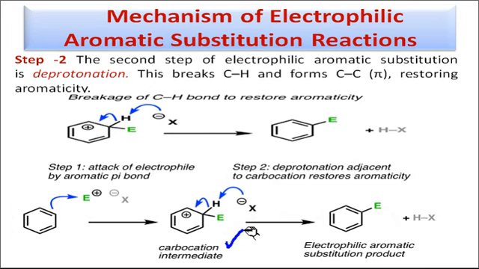This is the first step. In the second step, deprotonation of this carbocation takes place, which results in the formation of the substituted product. So in this way the electrophilic aromatic substitution reaction proceeds.